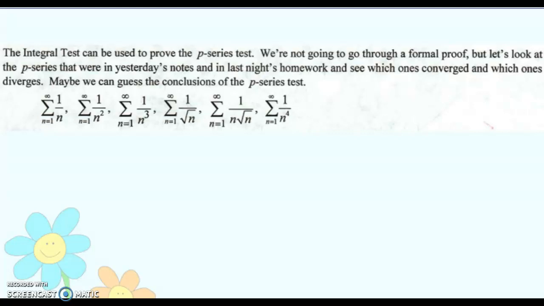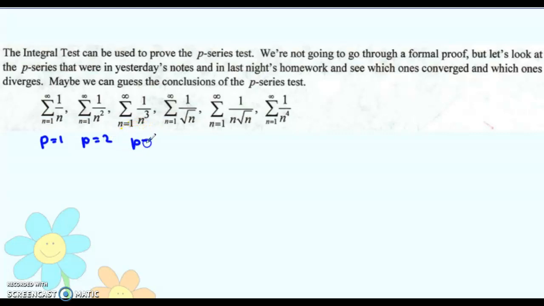So you can take a look at what we've done with these series right here and start writing them out and look at the integral test for each of these. Here we've got p is equal to 1. Here we've got p is equal to 2.